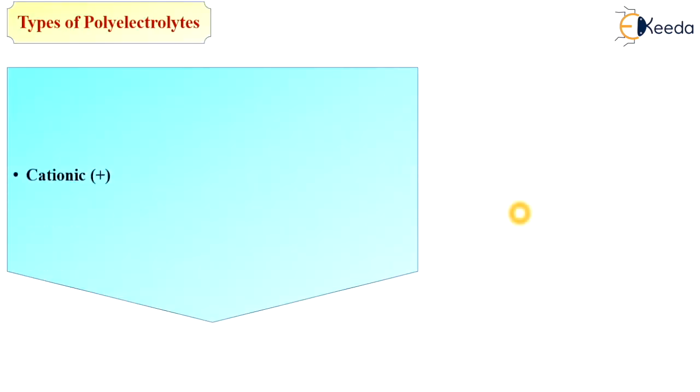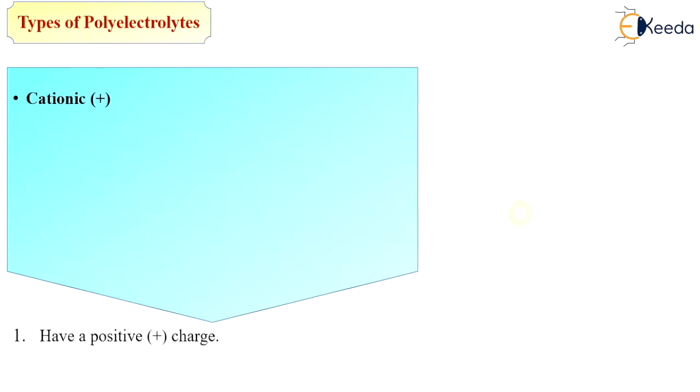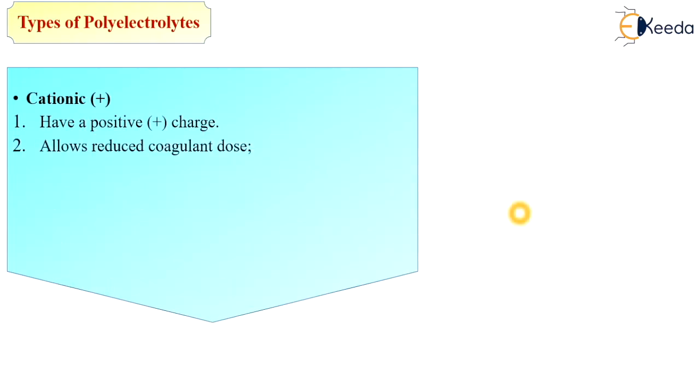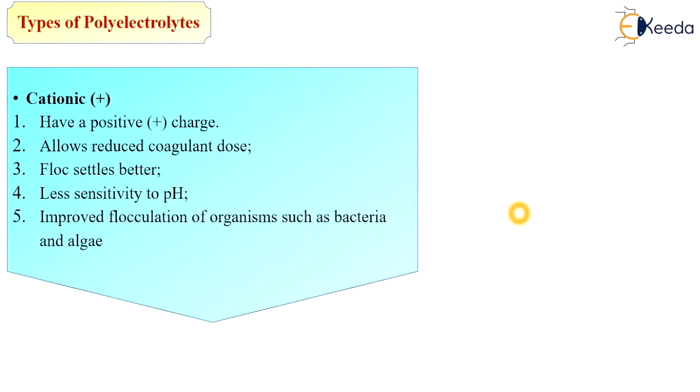Types of polyelectrolytes. Polyelectrolytes are available as cations, which have a positive charge, which allows a reduced coagulant dose, better flock settlement, less sensitivity to pH, and improves the flocculation of organisms such as bacteria and algae.